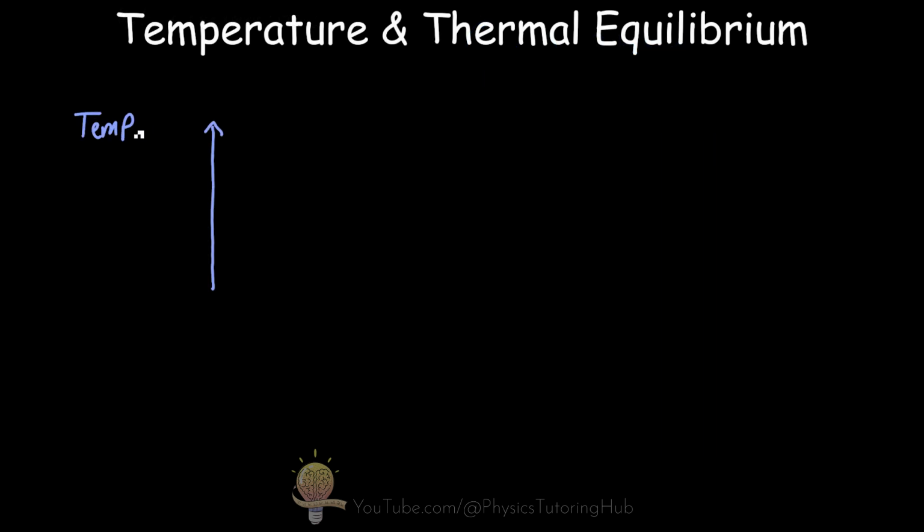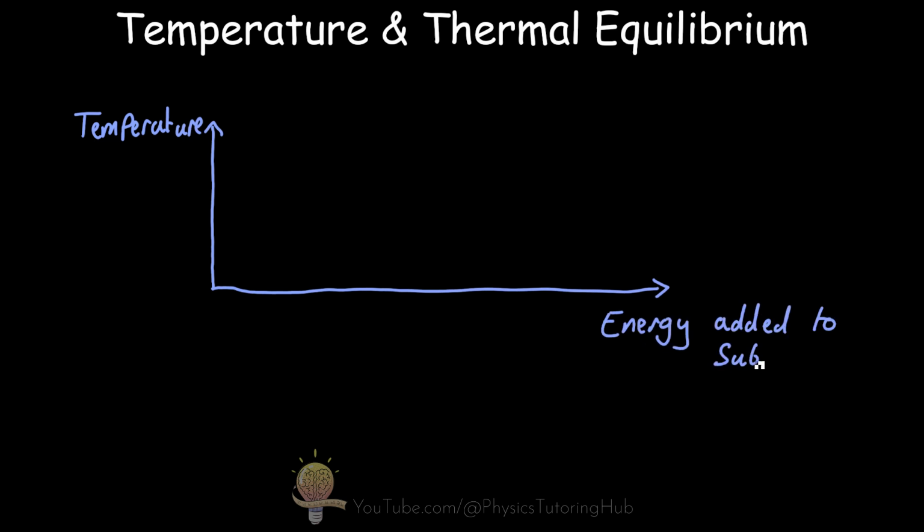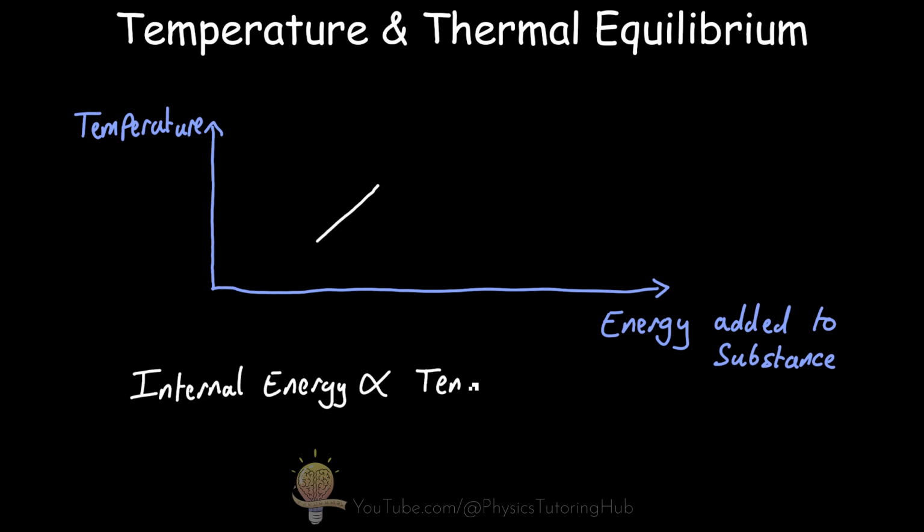Now, the internal energy of a substance is proportional to the substance's temperature. And what we mean by this is that if we increase the internal energy by a certain amount, then the temperature will rise in proportion to that amount.